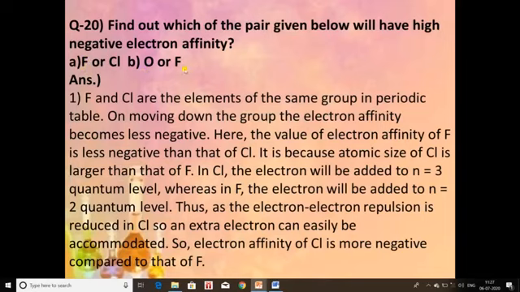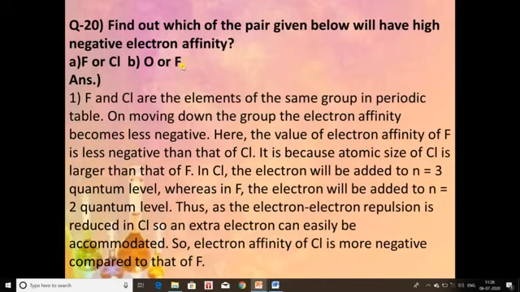In the case of oxygen and fluorine, you will observe that when we go left to right in a period, this is the element whose atomic number is 16, and this is the element whose atomic number is 17. So when we go left to right, size decreases and electron gain enthalpy increases. So fluorine will have more electron gain enthalpy according to the normal rule, and that rule is: when size decreases, nuclear charge increases, and the force of attraction between nucleus and outermost electron increases.